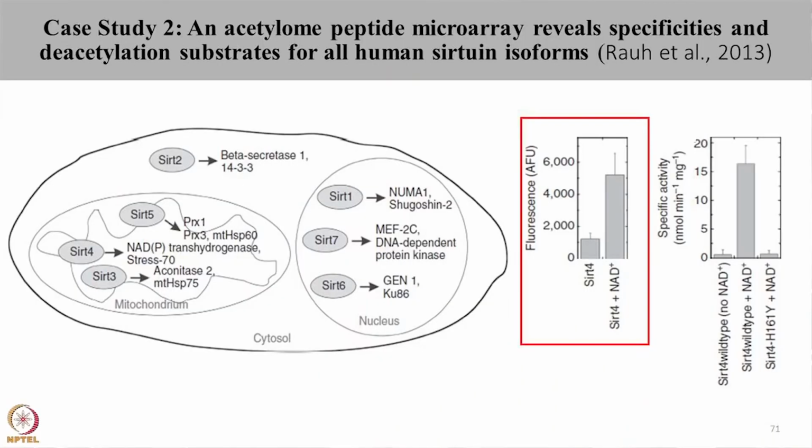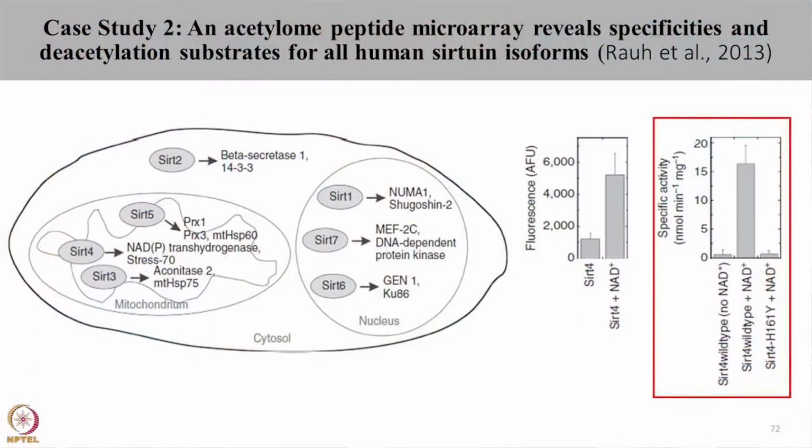In the fluorescence assay, sirtuin 4 showed a low but consistent deacetylation activity upon incubation with NAD. From this study, NADP transhydrogenase stress 70 protein was found to be one of the substrates specific for SIRT4.